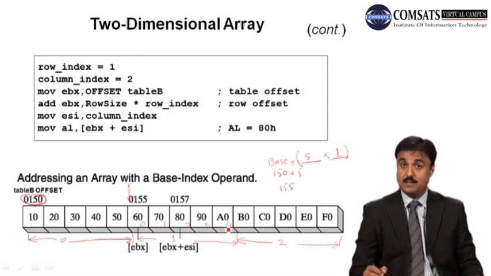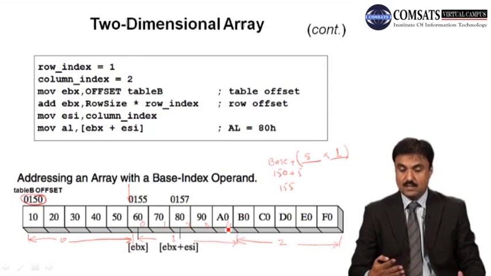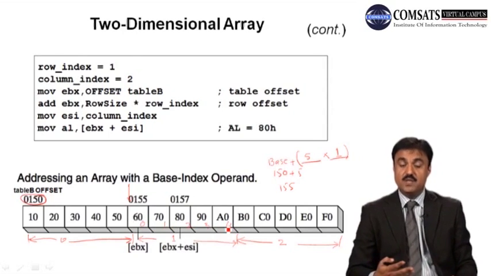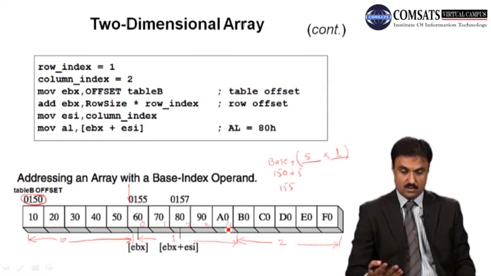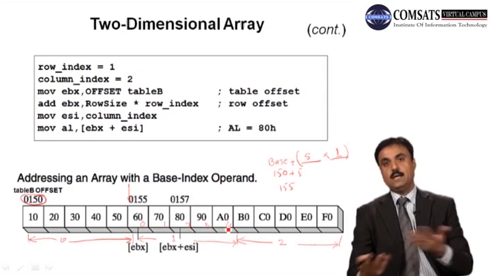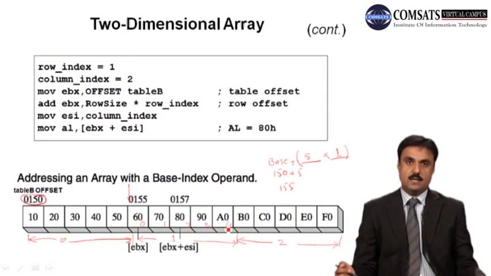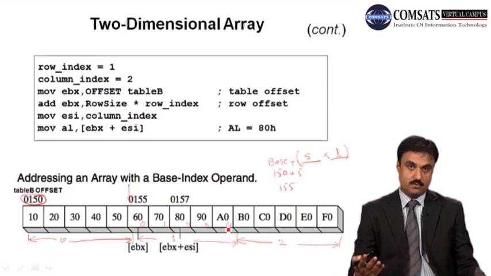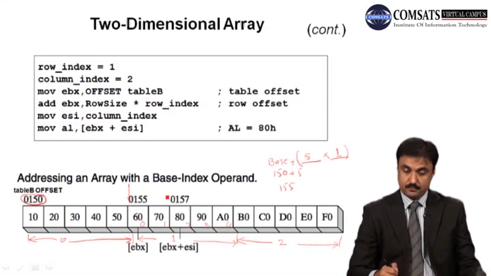As I mentioned at the start of this lecture, the row index and column index start from either 0 or 1. Here we are using 0 as the starting row index. Some languages start the row index at 1, not 0, but here we are using 0.